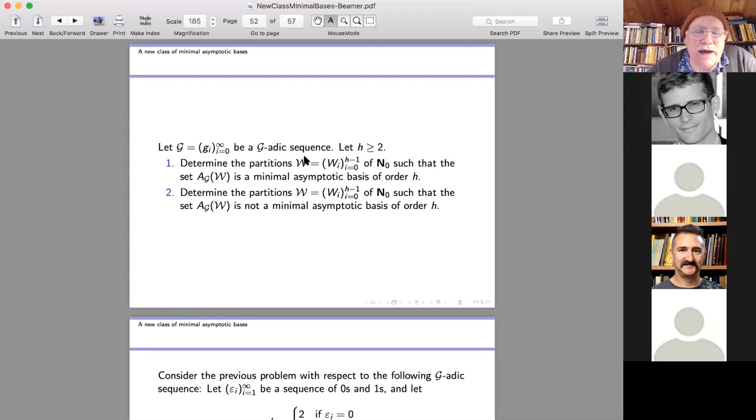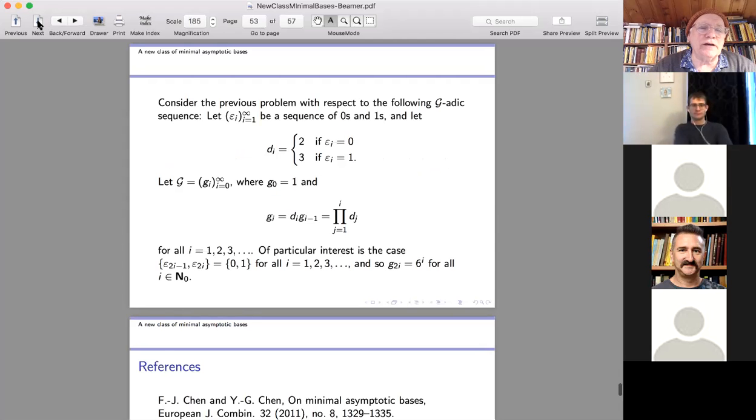Basically this problem is asking for what partitions of the integers does this construction give you a minimal asymptotic basis, and for what partitions of the integers does it not give you a minimal asymptotic basis? That's the question. And there's one particular case of these geodetic sequences I find very interesting.